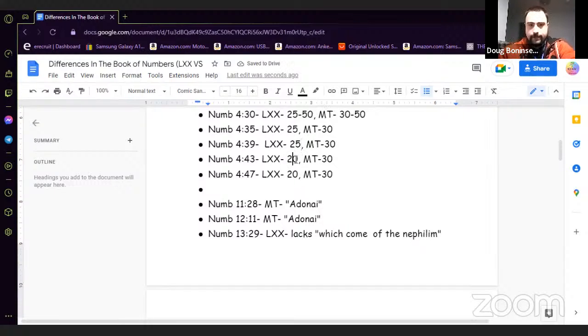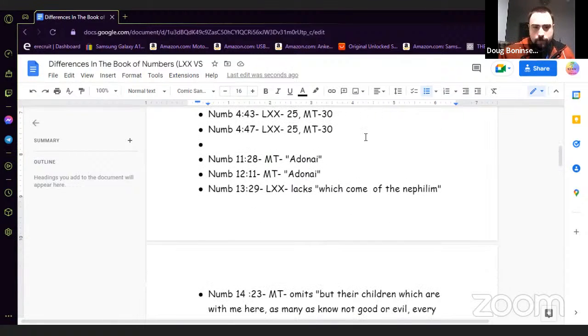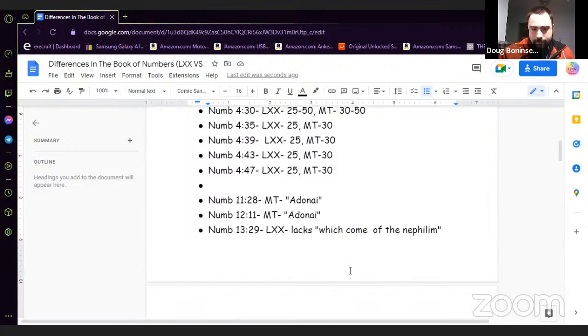So we're going to go next to verse 35 in the same chapter. All right. So verse 35. 4:35. Okay.